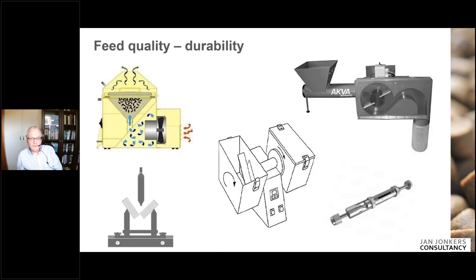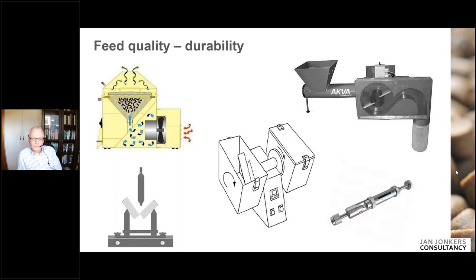If we then dig in a bit more into the details, durability, as already mentioned a few times, is very important. There are different tools available on the market to measure the durability. So here it's good to think through what is really important for you and for your customers. Should we focus on the resistance against friction, for example, during transport in your plant or at your customer's location?